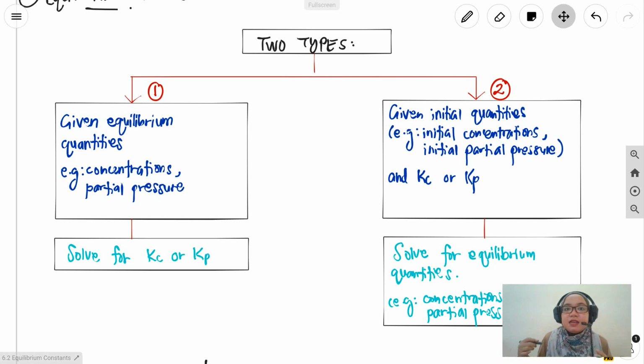So this is what we want to learn in this 6.2 part 2, where we are going to learn a new method to solve this kind of problem.